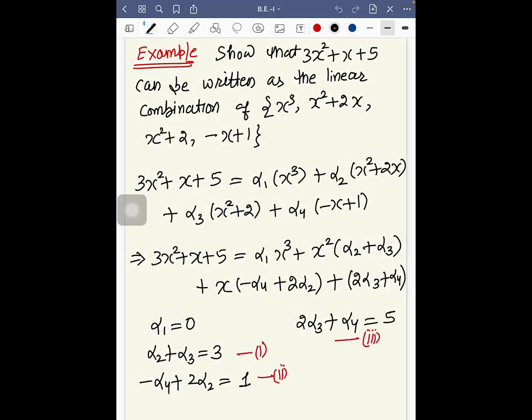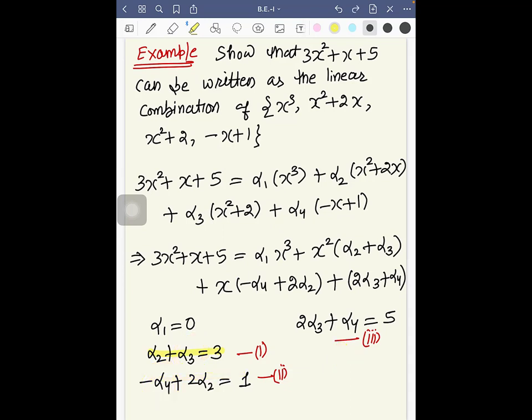So now we have 4 equations and we want to solve them. As a first step, we have already alpha 1 to be 0, and we can remove alpha 2 from the first and the second, so that the remaining equation will be in alpha 3 and alpha 4, and we have already one more equation in alpha 3 and alpha 4, and then we can solve these equations.